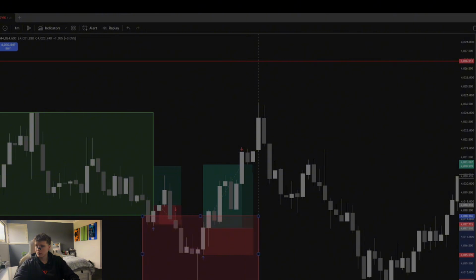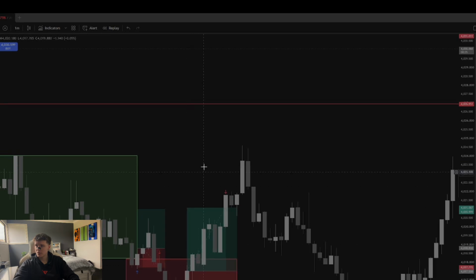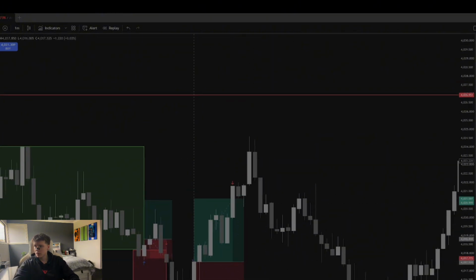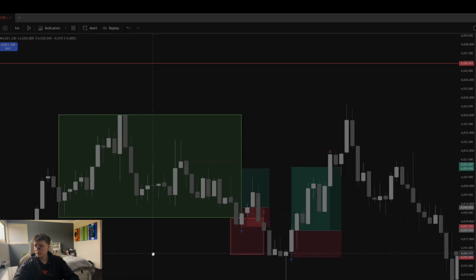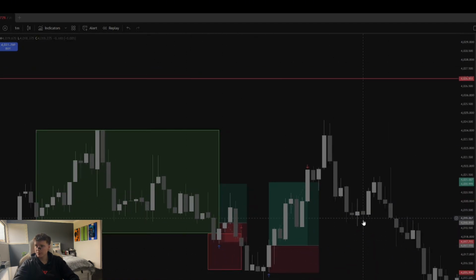So the manipulation range was actually about that big, and distribution was small, but it did occur, and luckily I was able to profit out of it anyway, even though I lost this one. But that's what I've learned so far from my first trade.